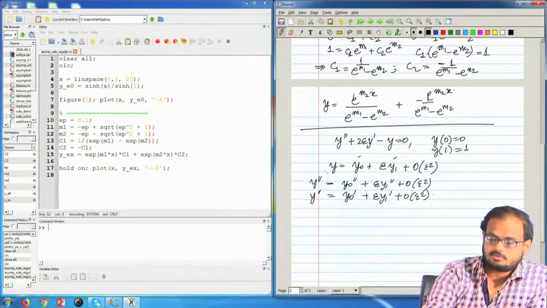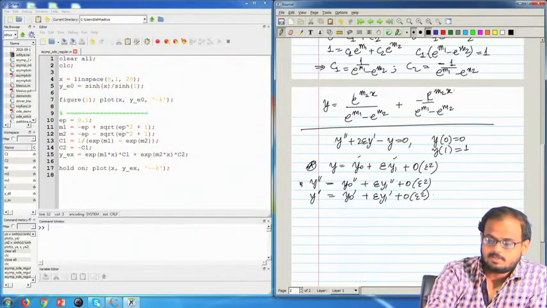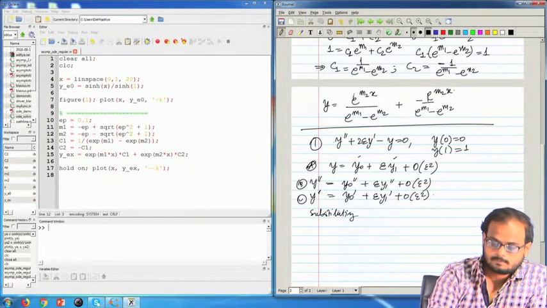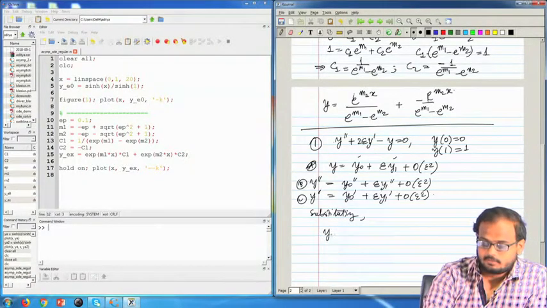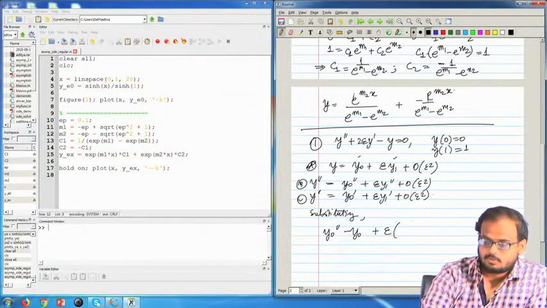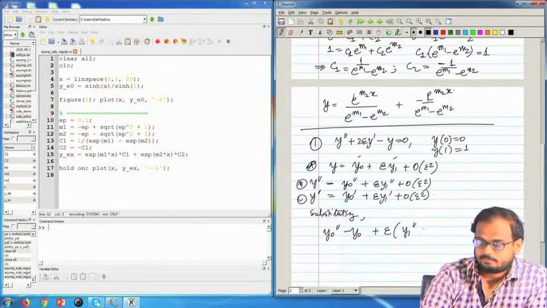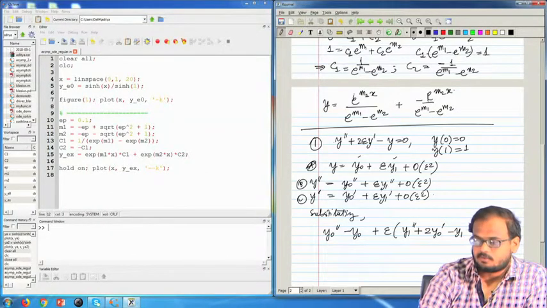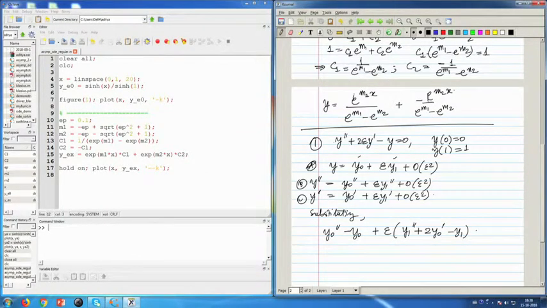And thus, if we substitute these in the governing equation, we obtain y0 double dash minus y0 plus epsilon times y1 double dash plus 2 y0 dash minus y1, plus order epsilon square, equal to 0.